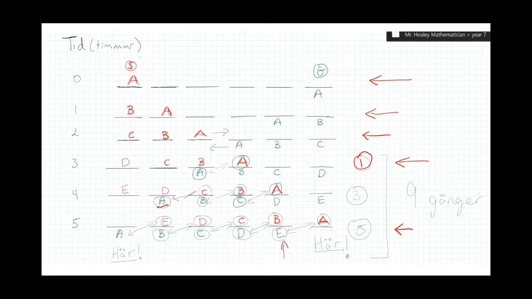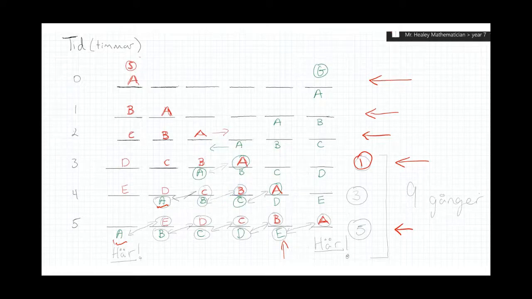Train B has passed train D. Train C has passed train C. Train D from Stockholm has passed train B from Gothenburg. And train E, the last train that departed Stockholm, passed train A because train A just arrived in Stockholm here. So when we count these up, we have 1, 2, 3, 4, 5. 5 times the trains from Stockholm met another train from Gothenburg along the journey.